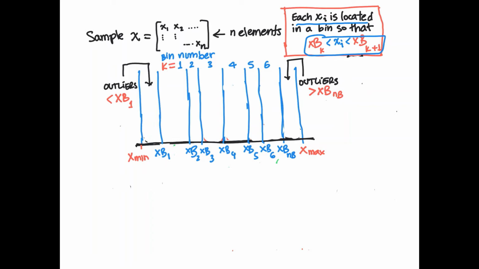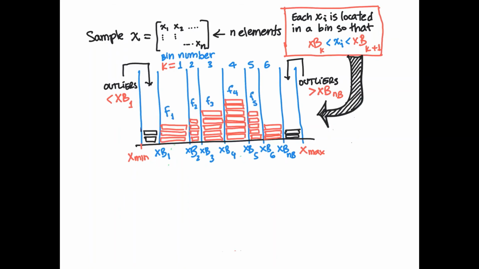So we have these limits that will define our different bins. And so if a particular value is located, let's say, between these two, then we're going to put the value in here. If then we find one in here, we put it in there.